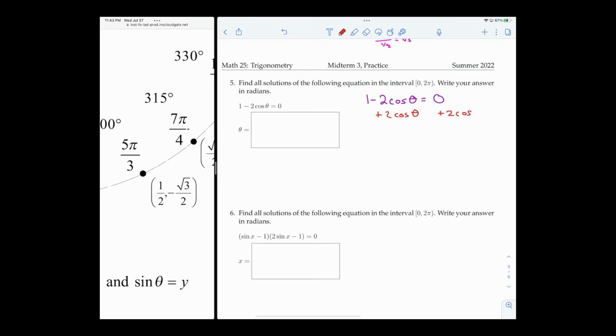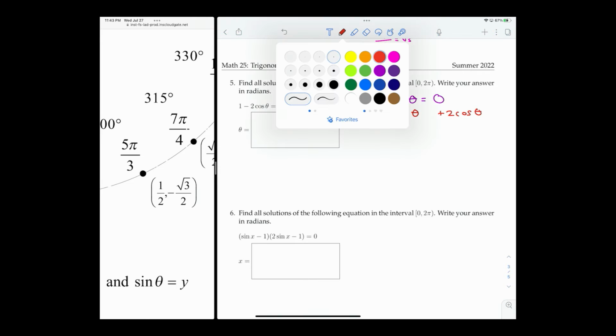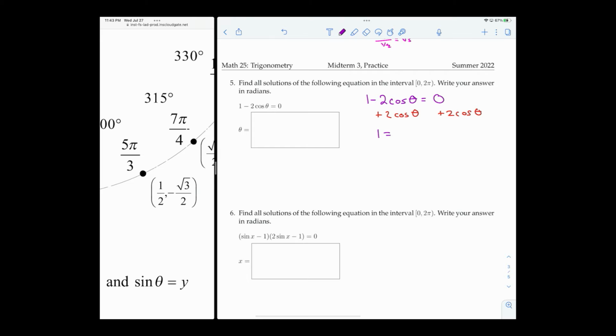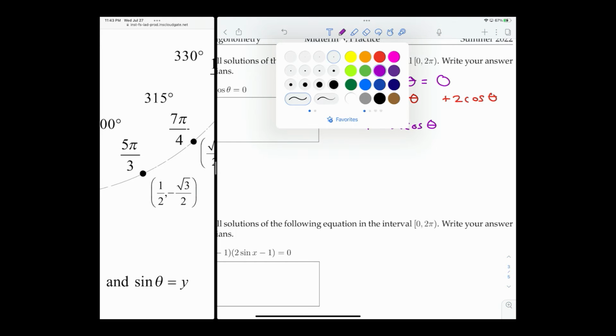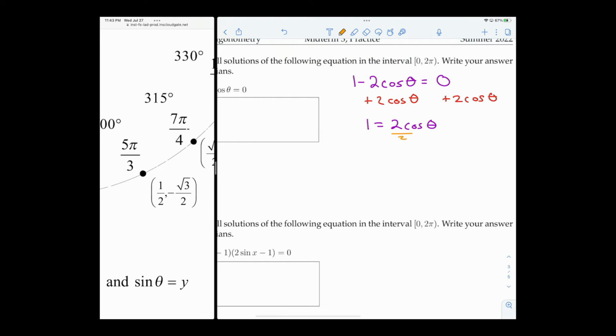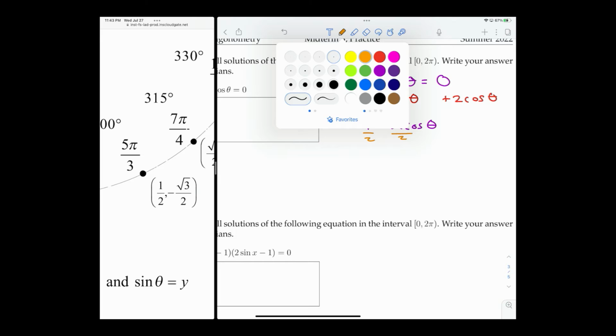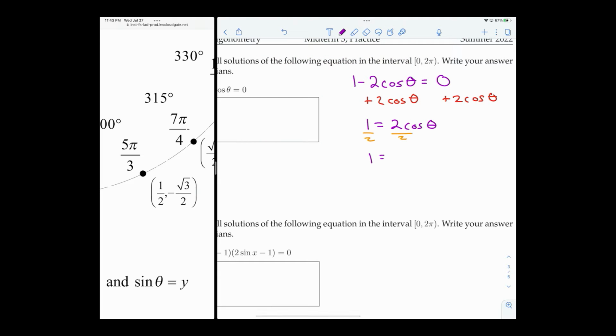That just will make everything positive. I like that. 1 equals 2 cosine theta. So then you would divide both sides by 2. So we end up with 1/2 equals cosine theta.